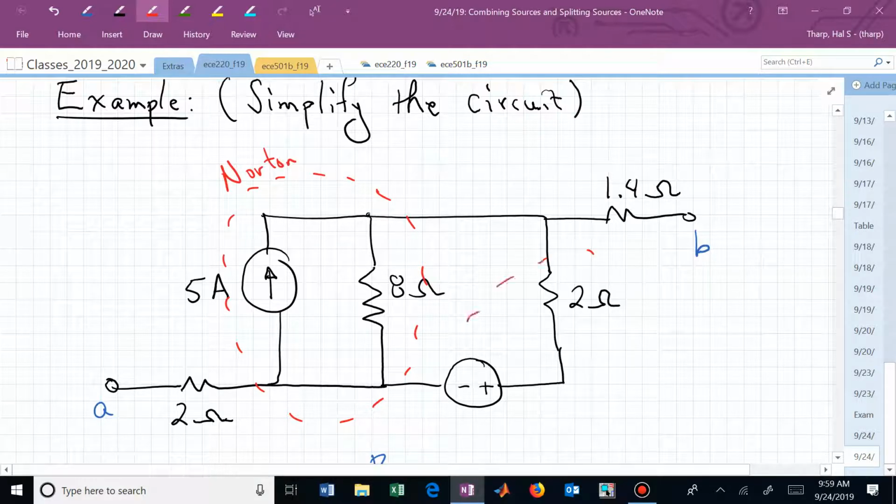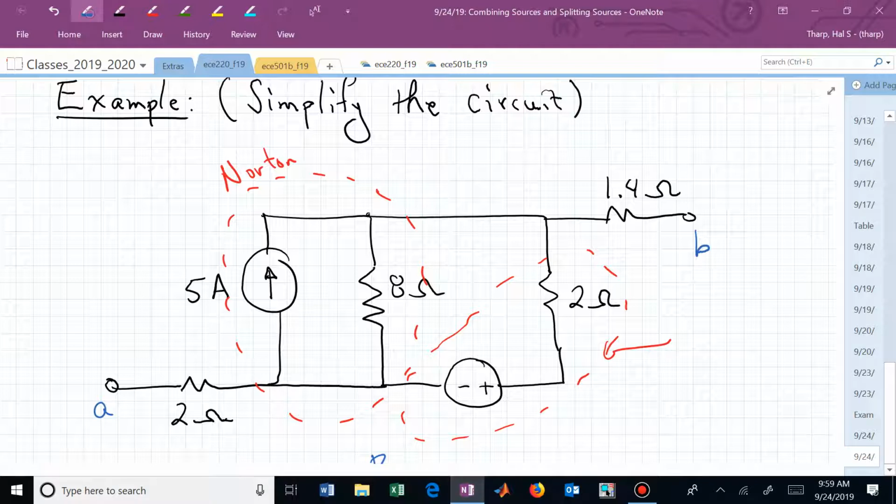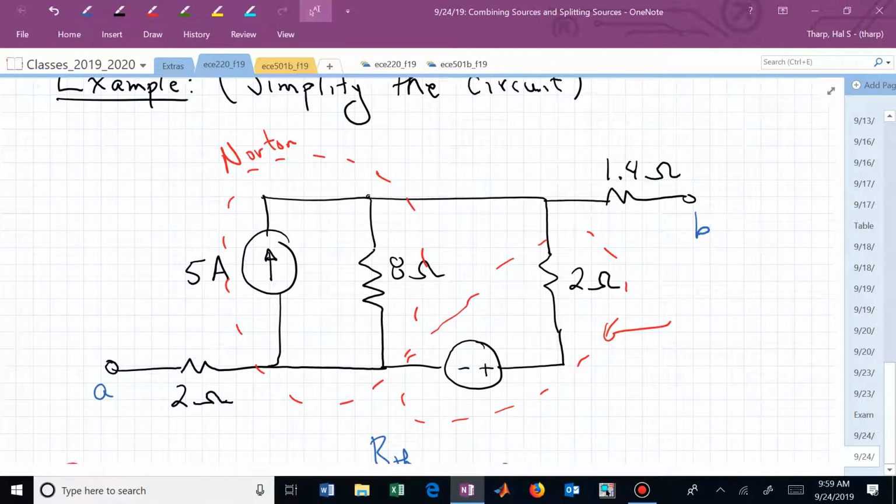What about this? What's that look like? Whoops, I didn't even give you the value, did I? Let's say this is now 30 volts. What does that source look like? It's a voltage source in series with a resistor. That's the Thevenin.